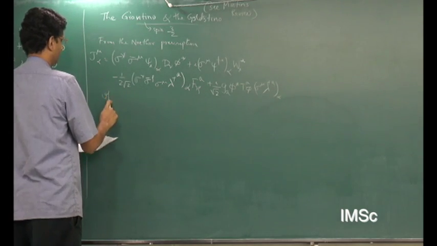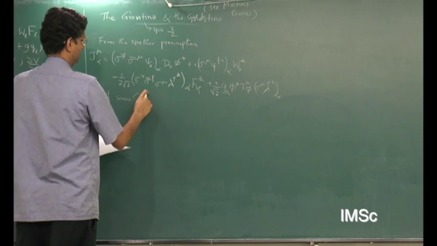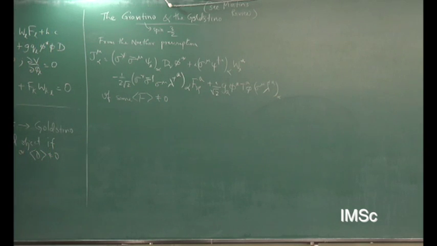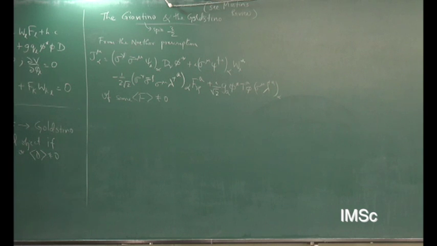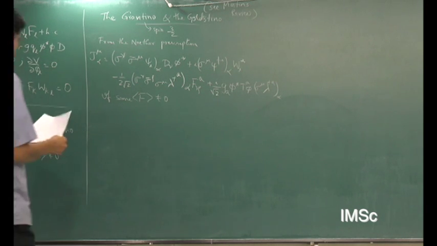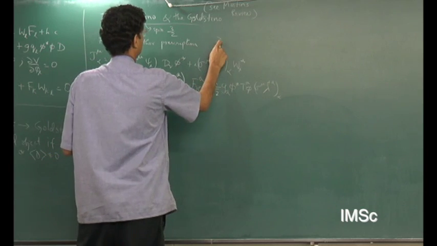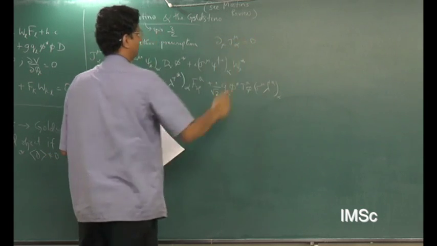And let's say we just restrict to F breaking. We'll not do any D breaking here. So if some F term gets a vacuum expectation value, we know that this symmetry is broken spontaneously, and the current conservation, this is true, right?